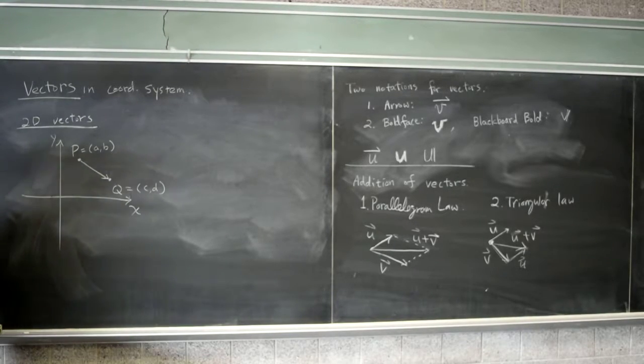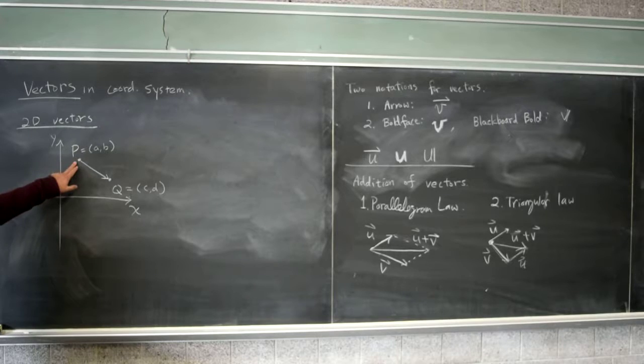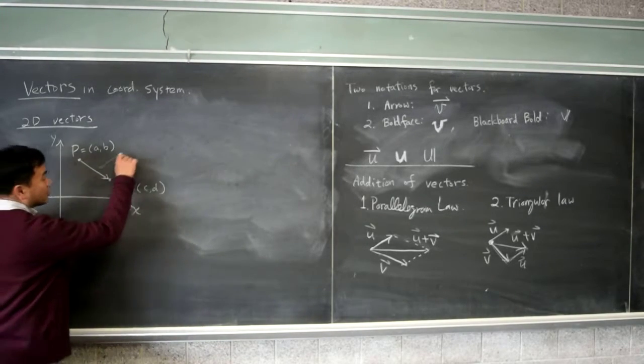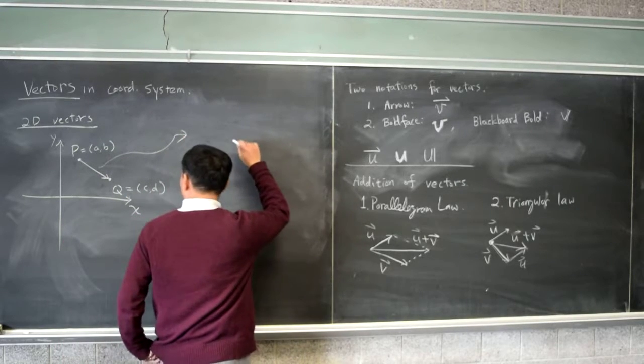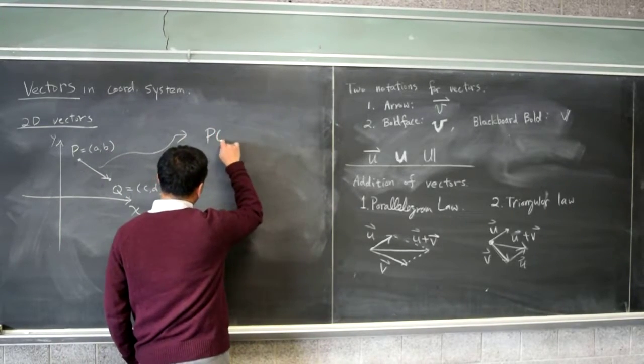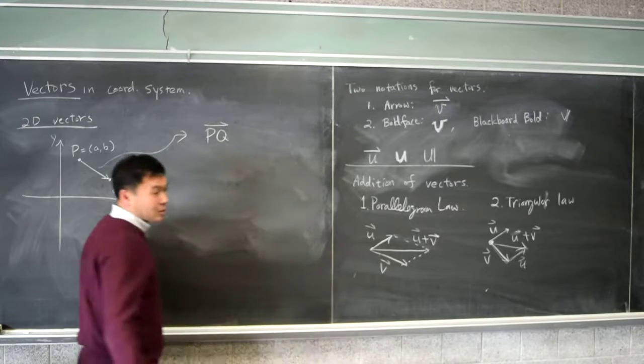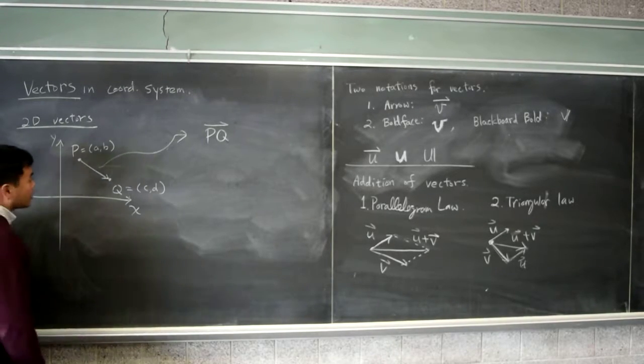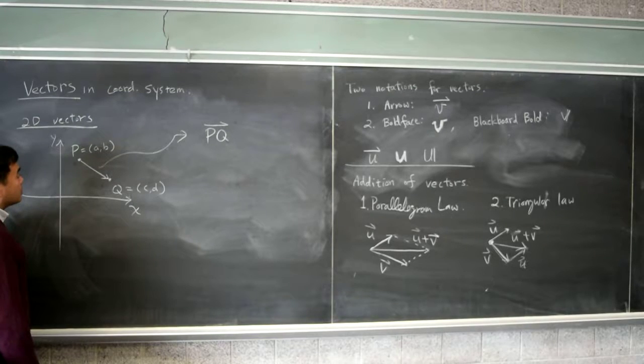So I'm thinking about a vector that starts at P and ends at Q. Now this vector can be written in the following way: PQ with an arrow on top. So that means its initial point is P, and its terminal point is Q.